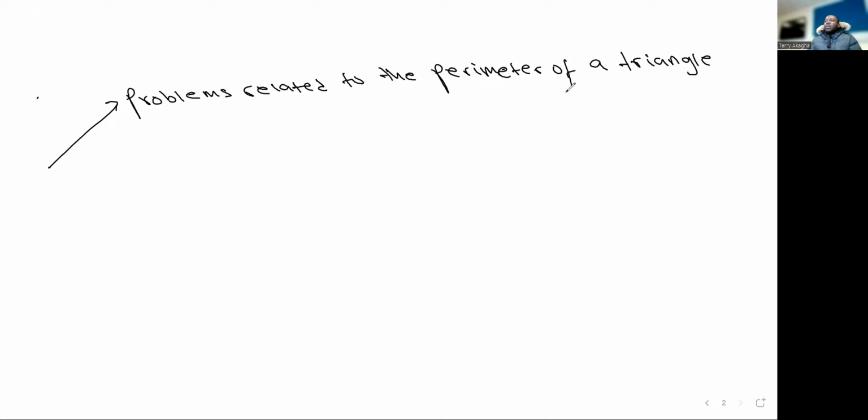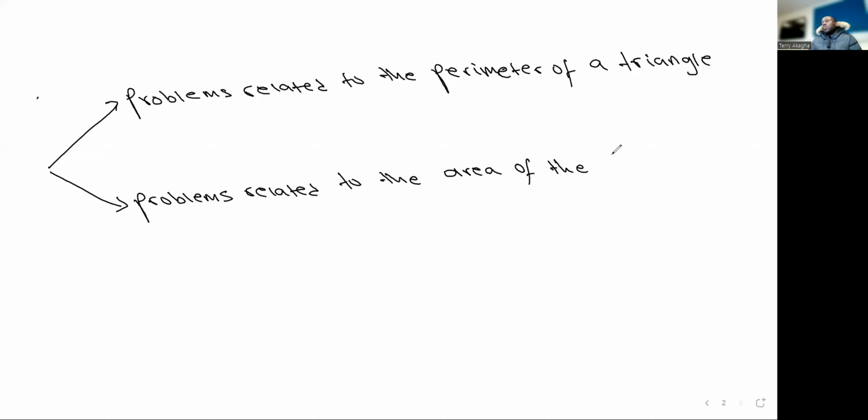Then the next one, we'll also talk about problems related to the area of a triangle. Okay, so that's what we're going to talk about in this series. I'm going to start in the next video with how to find the perimeter.